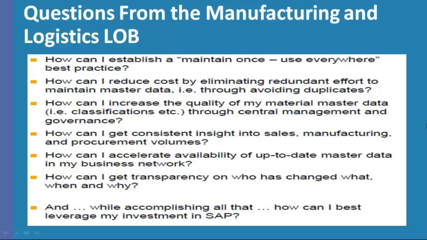These are a few initial-level questions which will help you understand how your customer will treat you at the initial level at least. Basically, the first question they can ask you is: how can I establish a maintain-once-and-use-everywhere best practice?